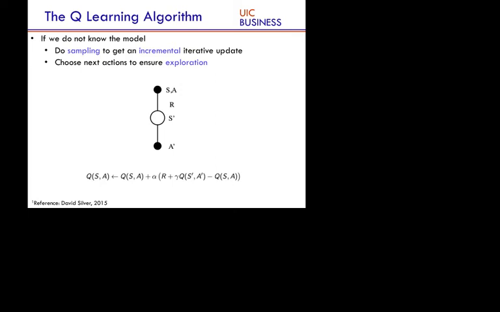This expression may look contrived, but it's just saying that the Q value at the k plus 1 iteration of an algorithm would be equal to 1 minus alpha times the Q value at the kth iteration at a given state and action, plus alpha times a quantity which is R plus gamma times Q k at some other S prime comma A prime.